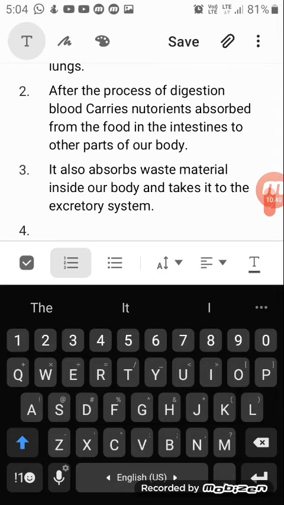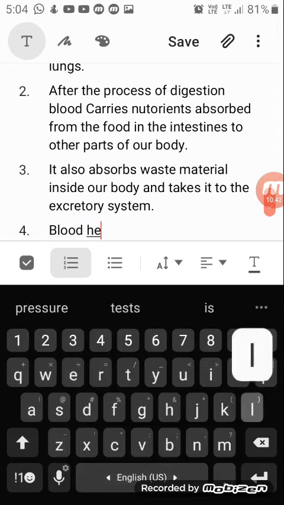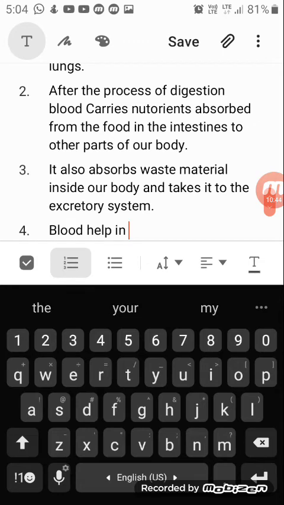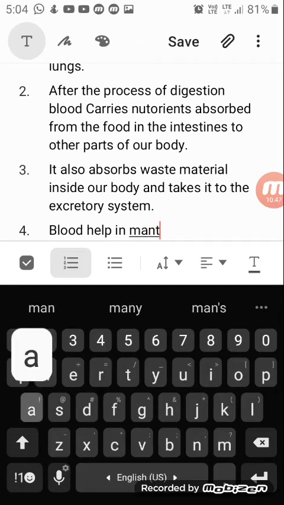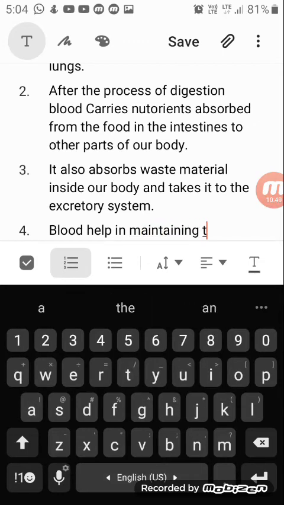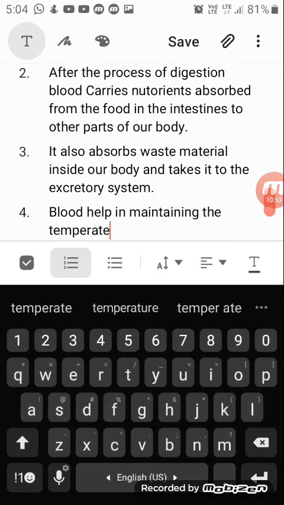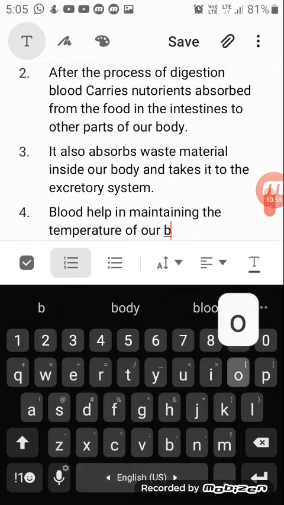Number 4, blood helps in maintaining the temperature of our body.